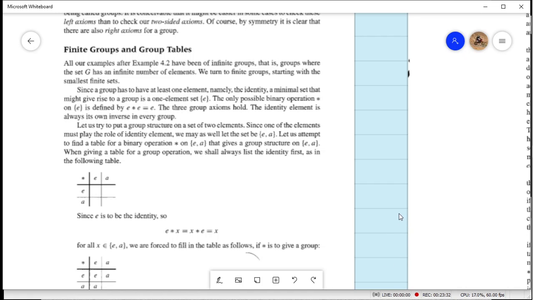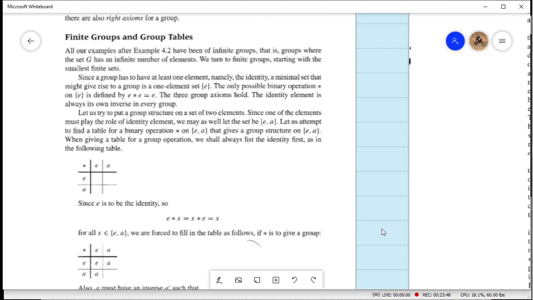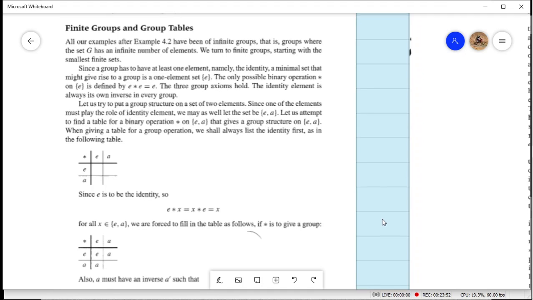The set of integers under addition is also a group. The set of non-zero real numbers under ordinary multiplication is also a group. So far those examples have taken infinite sets.